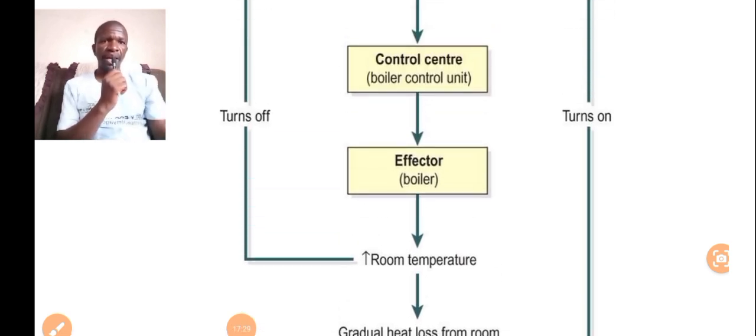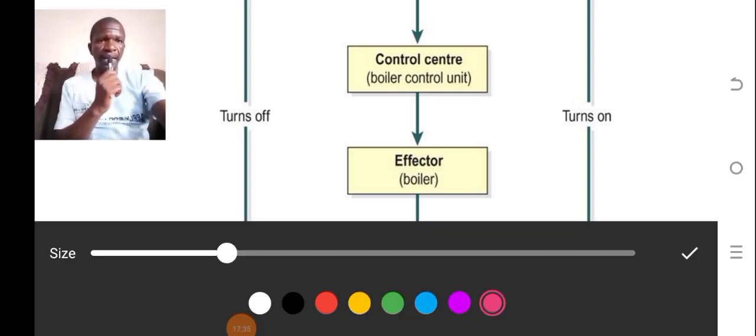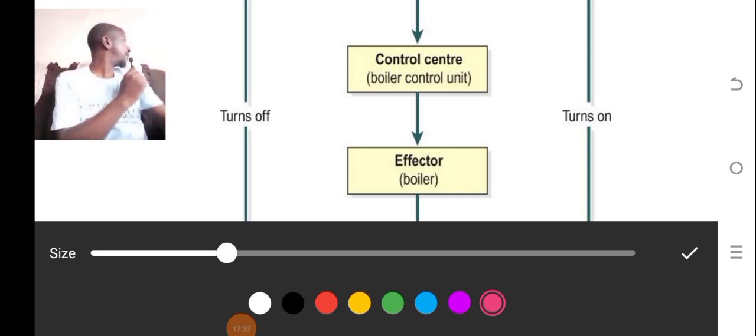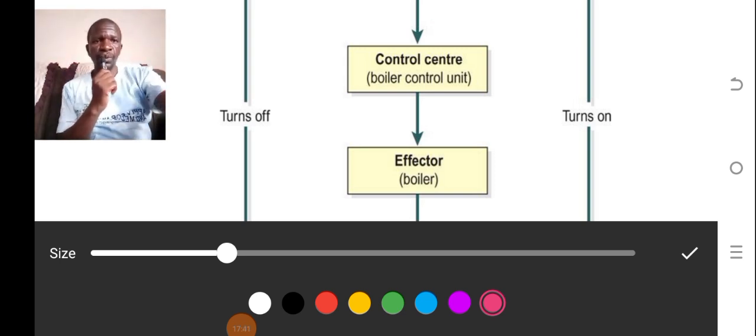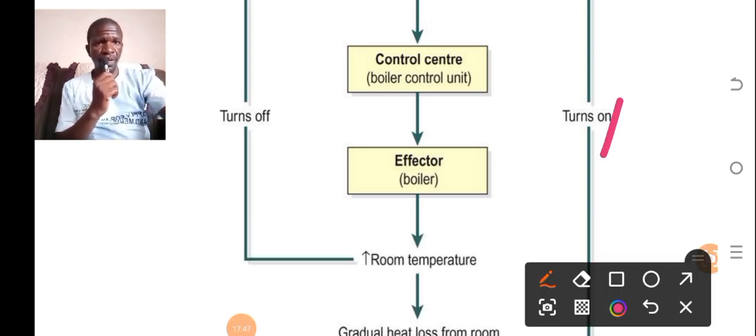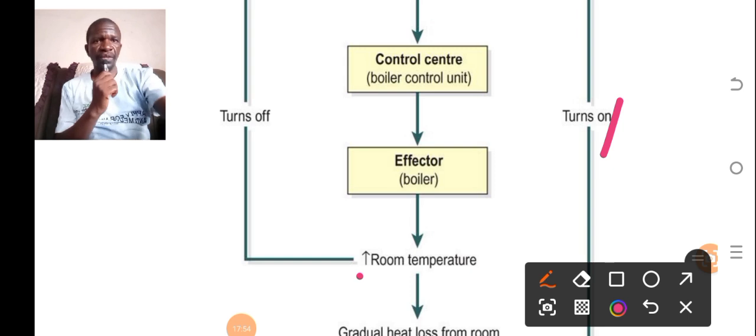Right, by the same process, if the room temperature is way too low, as you can see here, the information is going to be taken to the control center again.